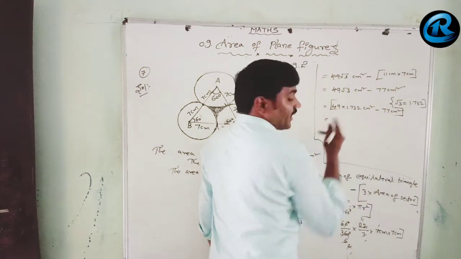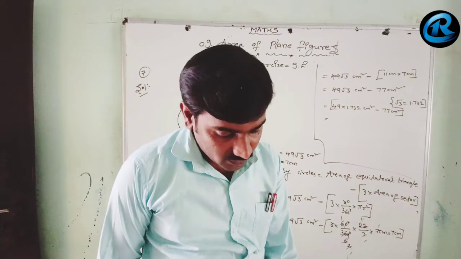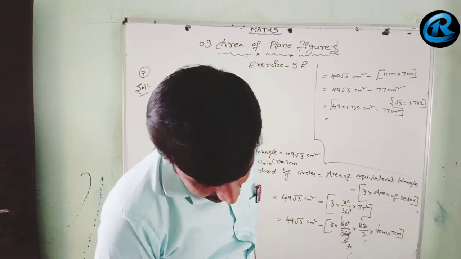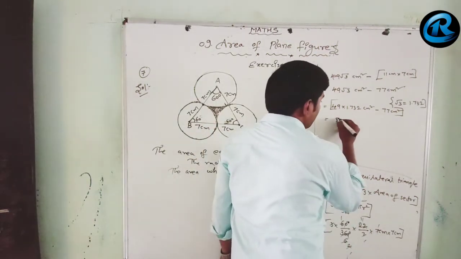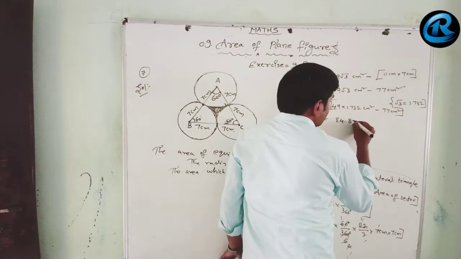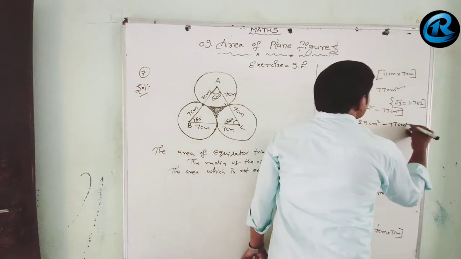square. So 49 into 1.732 will be getting like 84.8729 centimeter square minus 77 centimeter square.